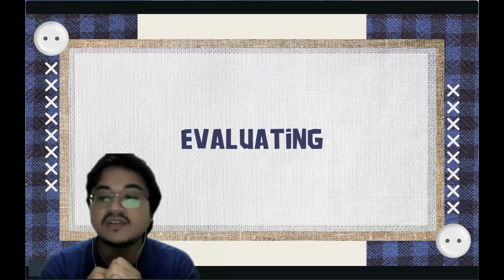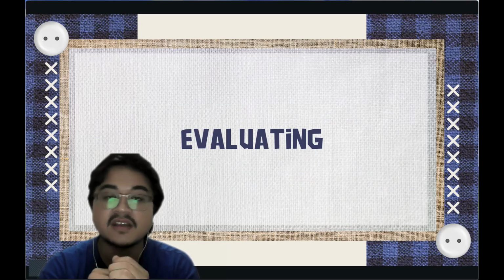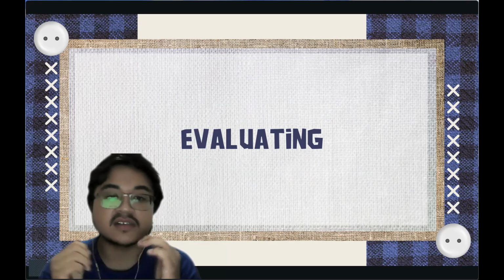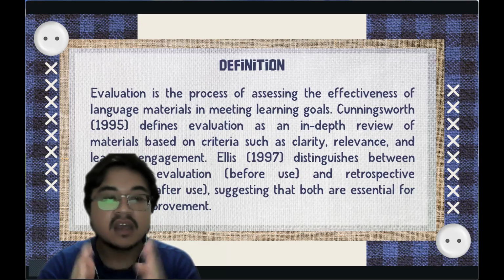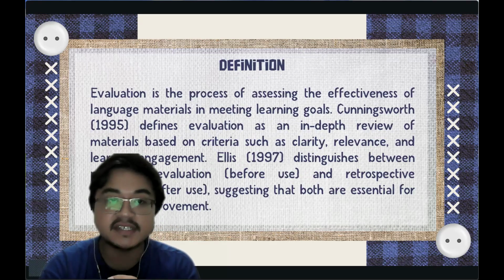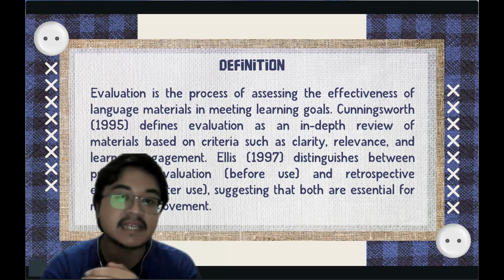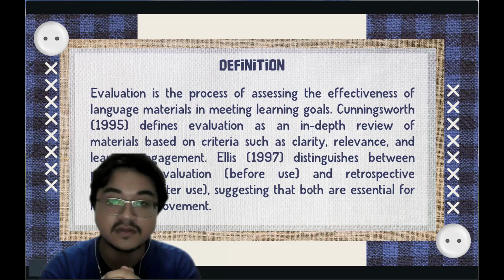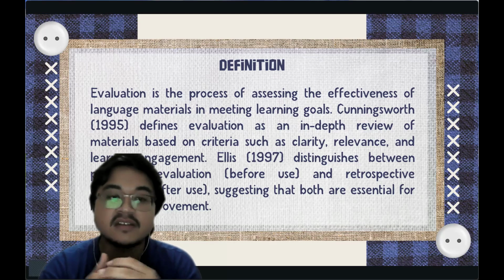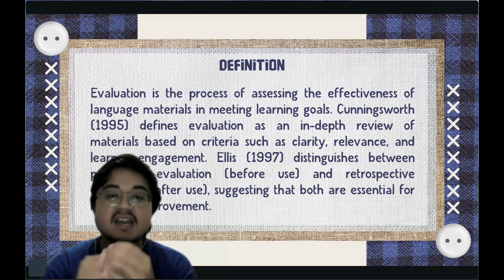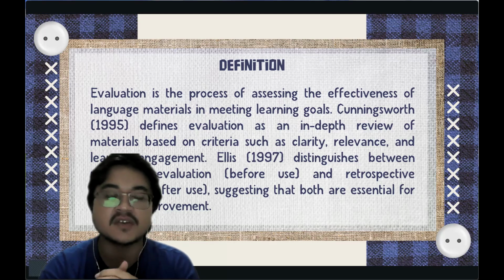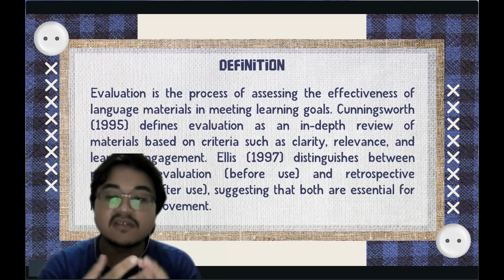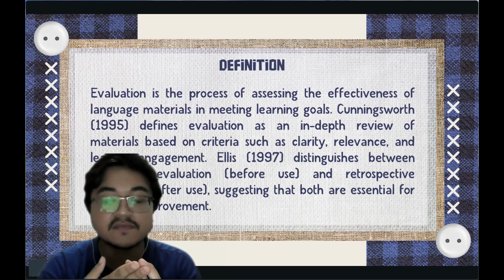We move on to the last and fifth element of this procedure, which is evaluating. So, evaluation is the process of assessing the effectiveness of language materials in meeting learning goals. Collingsworth in 1995 defines evaluation as an in-depth review of materials based on criteria such as clarity, relevance, and learner engagement.